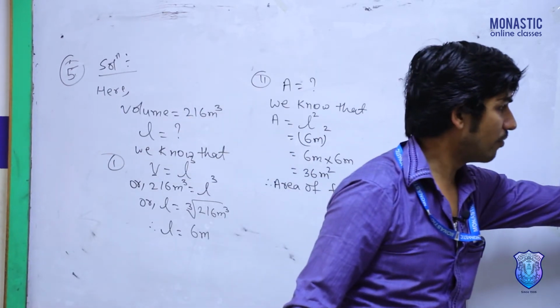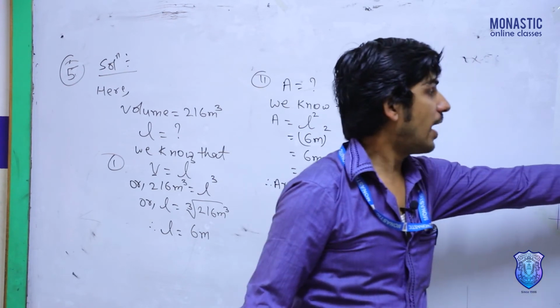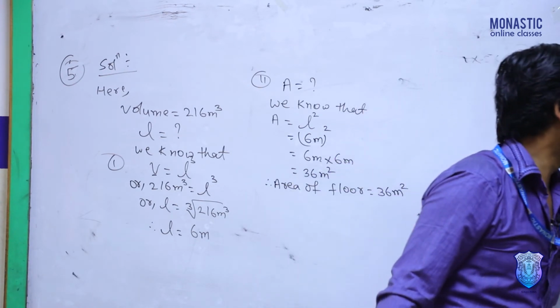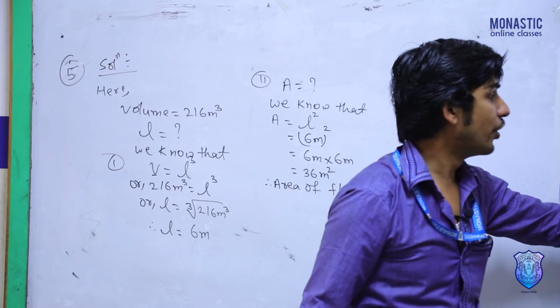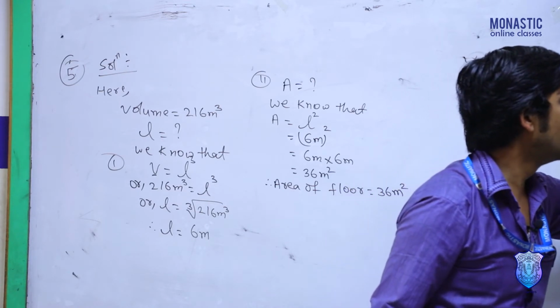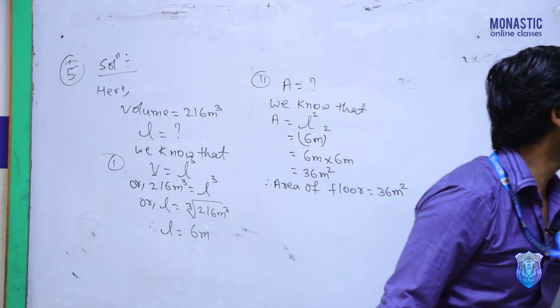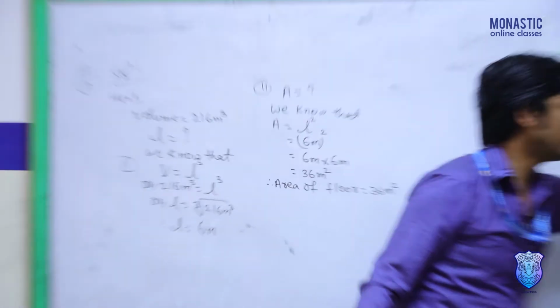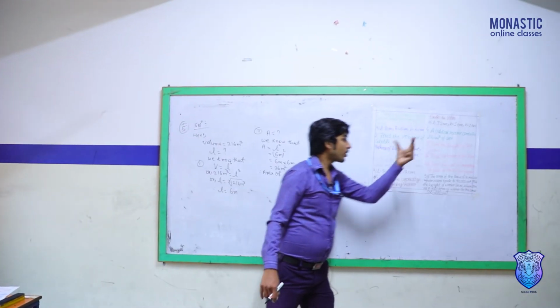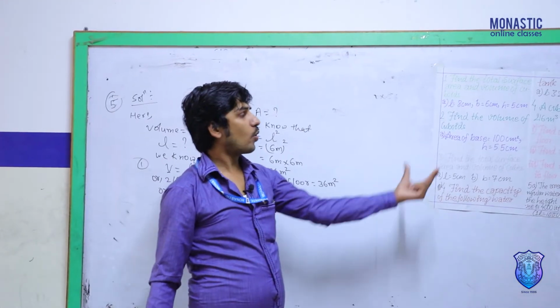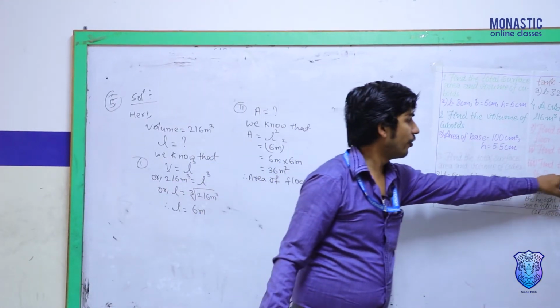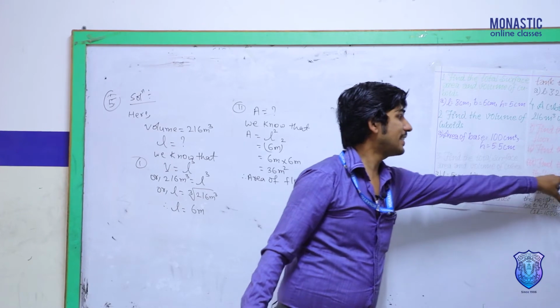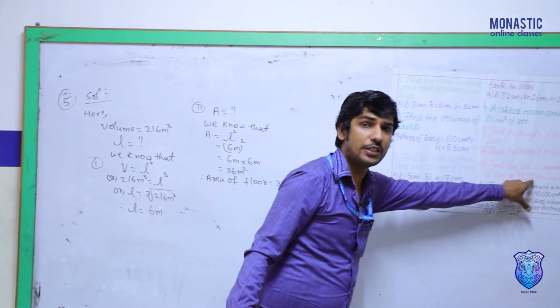After this, given now, what? Find the cost of carpeting its floor at Rs 50 per square meter. It means if Rs 50 per square meter, the cost of 1 square meter of carpeting its floor is given. How much rupee? 50 rupee.